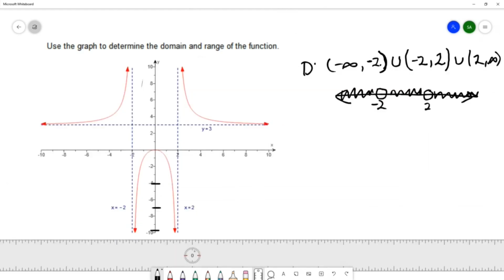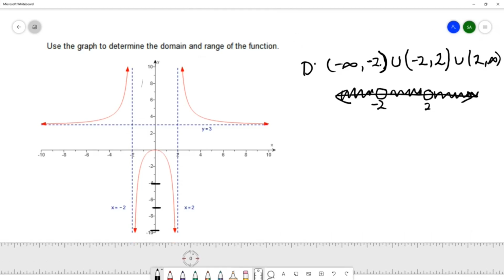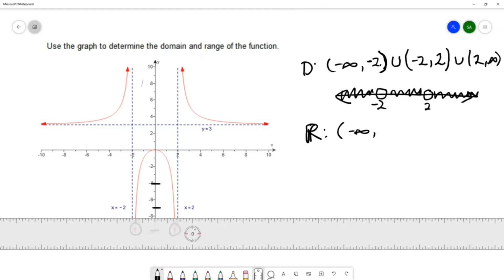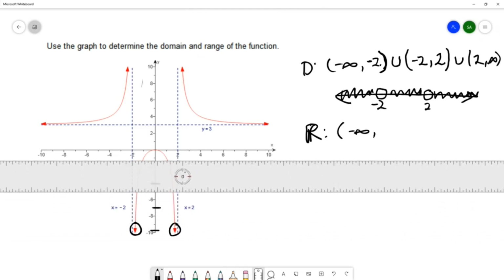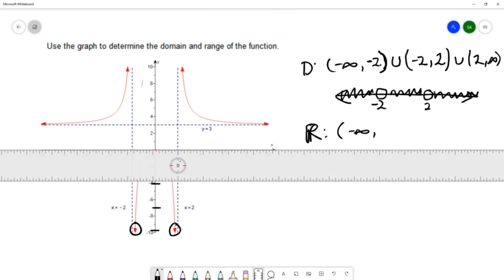As I look at this, the lowest y value, because of these arrows, meaning the pattern continues, means that my range will start at -infinity. As I move my ruler up, I'm still touching the graph, and I continue to touch the graph until I get to this spot right here.